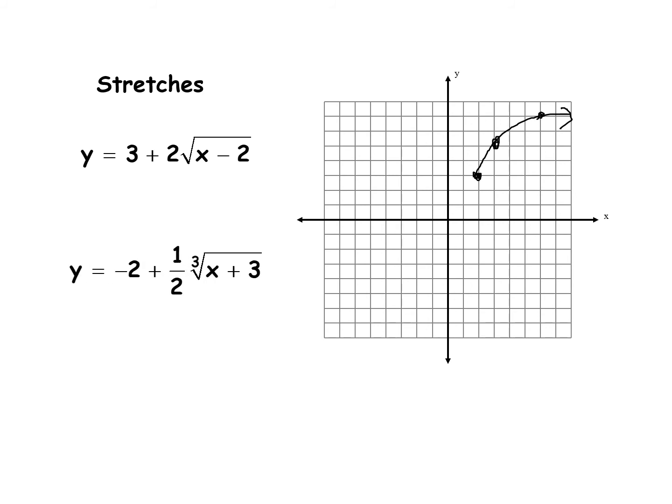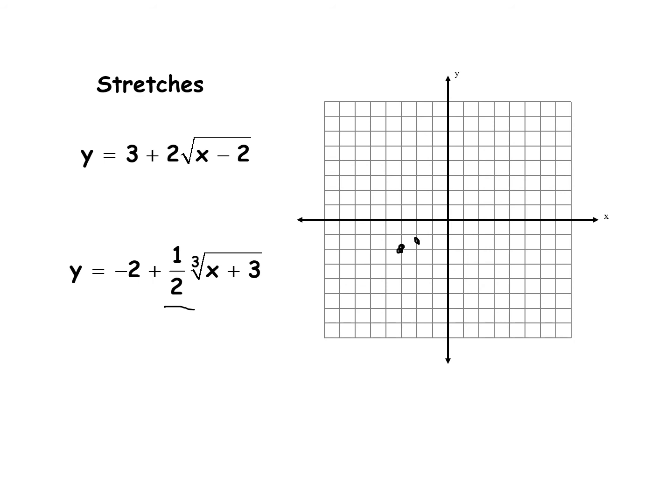And the same thing for a cube root. Okay, so again, here I have a shift of -3, -2. So -3, -2. This would be my starting point. Normally I'd go over 1, up 1, but because I have this y multiplier, I'm going to go over 1, up a half.